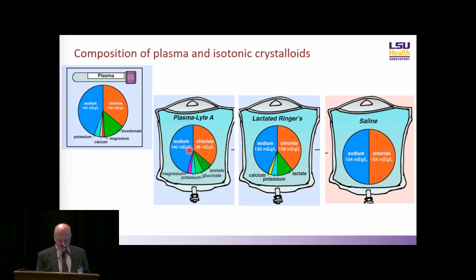Let's move to Plasma-Lyte, which is what I call a plasma-like crystalloid. Sodium 140, chloride 98. There's acetate and gluconate, and those are things that kind of get substituted for our bicarbonate and our anion gap. But essentially, in terms of sodium and chloride, almost identical to plasma.